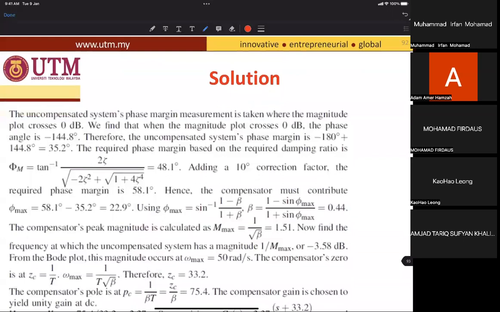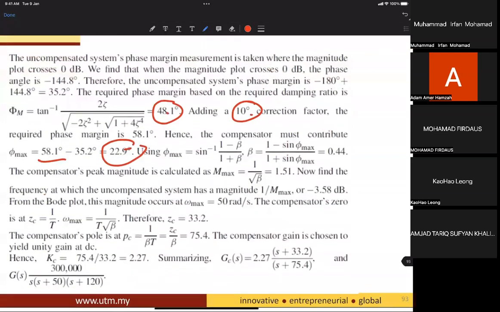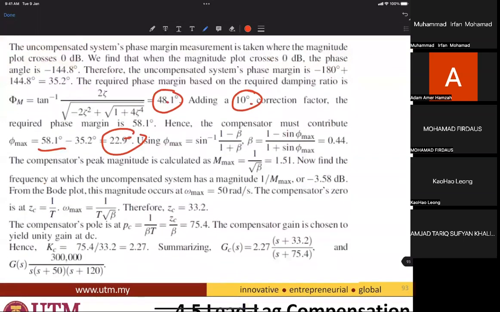Similar to the previous examples, it looks the same, 48. Like just now, correction factor 30. But in this case, it does not add the correction factor. We add correction factor, 58.1. 48.1 at 10 degrees, so 58, 22.9, more or less the same as just now. Only the values change.